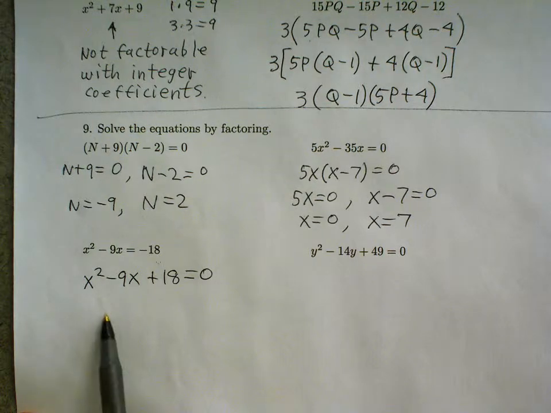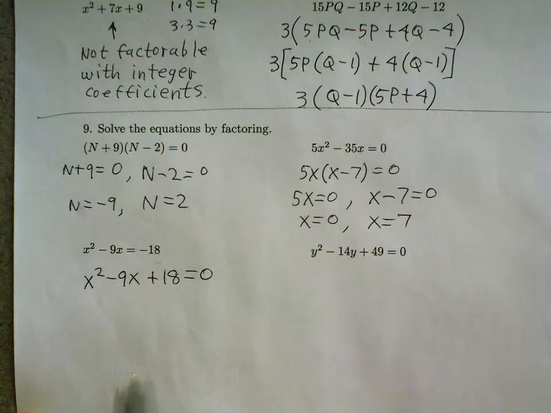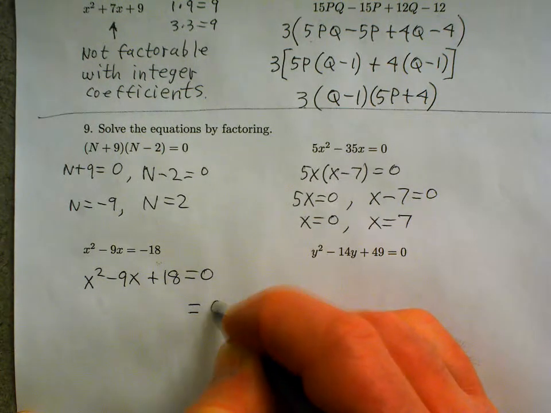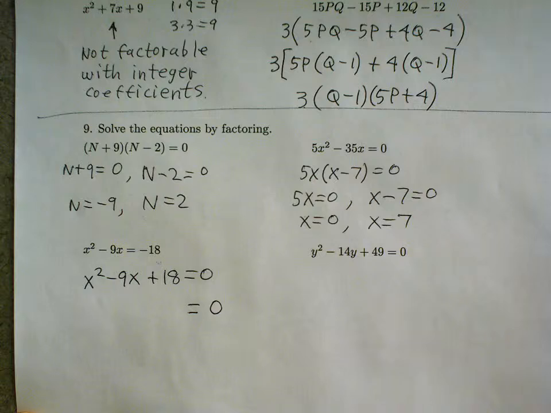Okay, so what's the equation after factoring the left-hand side? The right-hand side is 0. What's the left-hand side? X squared minus 3x minus 6x plus 18.